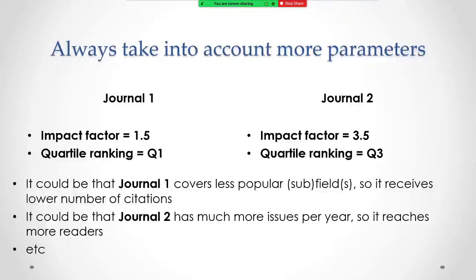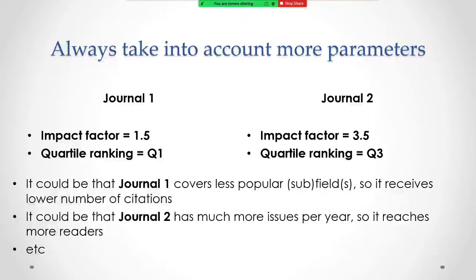Some topics, or let's not stick to the social sciences, let's, for example, compare the areas between mathematics and physics. Usually, topics coming from material science are on average much more popular than some topics from, let's say, numerical analysis. So the reason for a higher impact factor but lower quartile ranking can be that this journal covers less popular subfields.